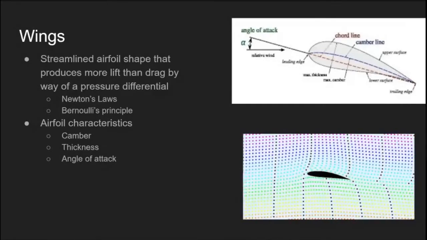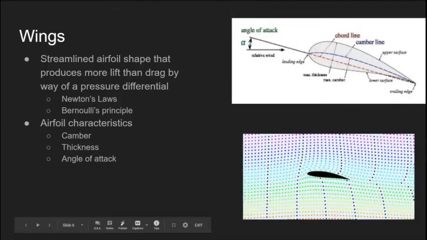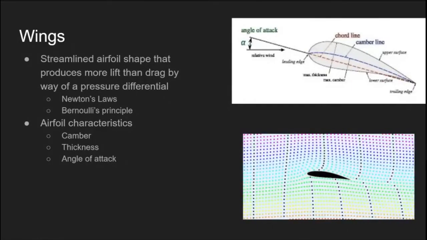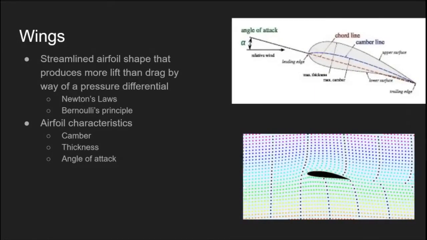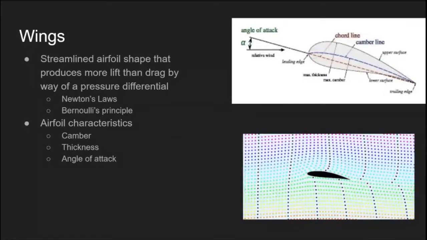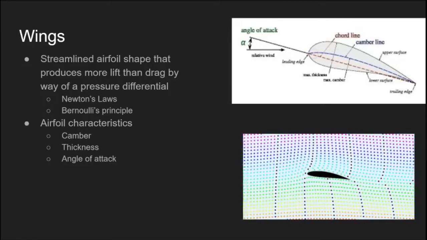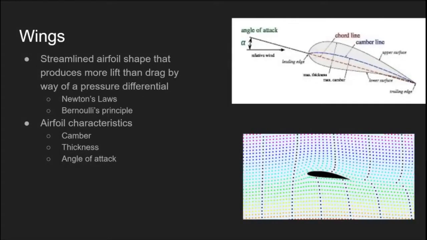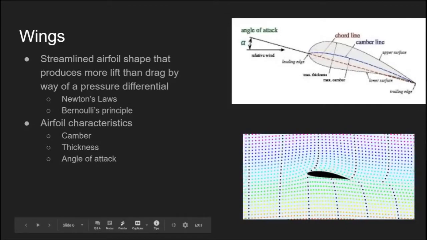You might have heard an explanation where the air travels faster over the top and slower over the bottom, and the particles both have to reach the trailing edge at the same time, so the one over the top goes faster and the one over the bottom goes slower, giving higher pressure at the bottom and lower pressure at the top.